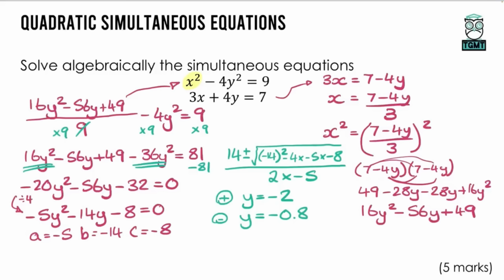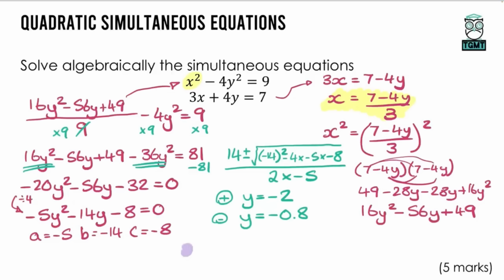I now just need to find the x values. Now I've got two that I need to find, and our equation for x is up here. So to get x, it's 7 take away 4y, all divided by 3. Now again, I'm just going to be typing this in the calculator, so we'll start with the negative 2.